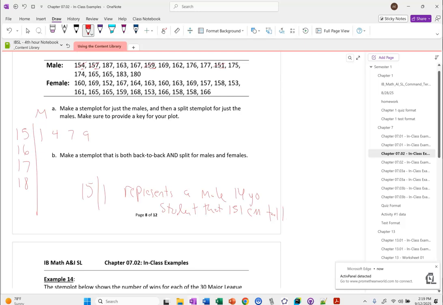Right? Need context. 15|1 is 151, not good enough. It needs to have context. The lead-in that tells you what the data is about, that'll be what you need, right? So notice I just read the blurb at the top, and then what that number means, the 151, in context.